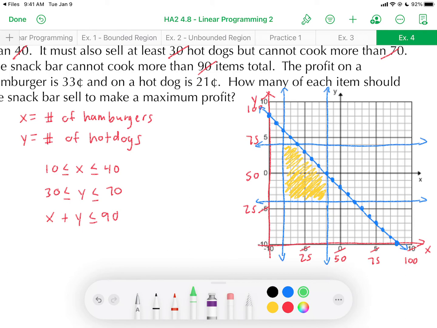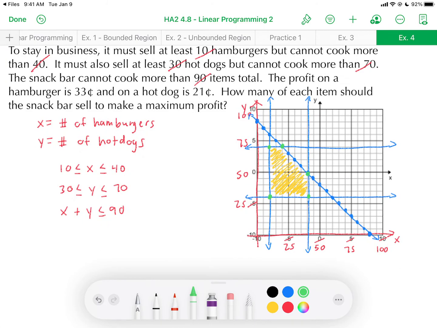All right, so I've got 5 vertices to this region. Okay. Now, I haven't made my objective function yet. Just like the last problem, we're trying to maximize profit. So profit means money.